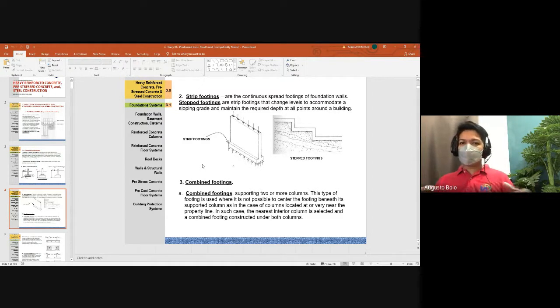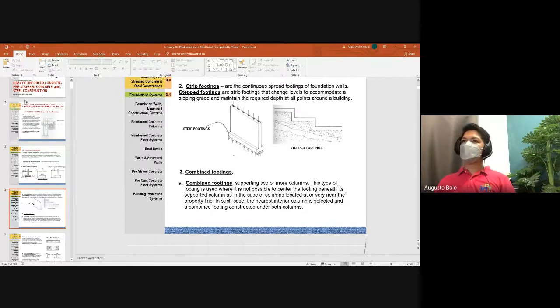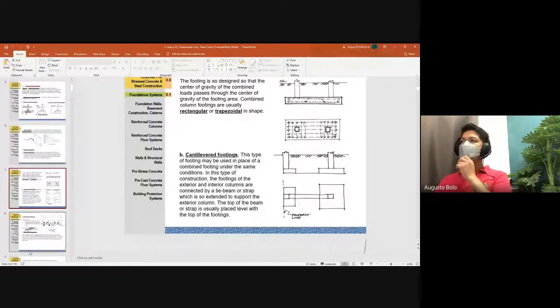The two footings can be combined into one, making it combined footing. So it's a type of footing where it is not possible to center the footing beneath the supported columns, as in the case of columns located very near the property line. So yun, combined footing yung tawag doon. So for the visuals, ito yun.